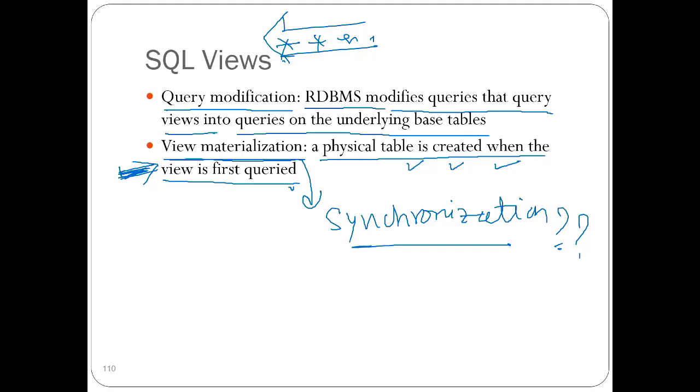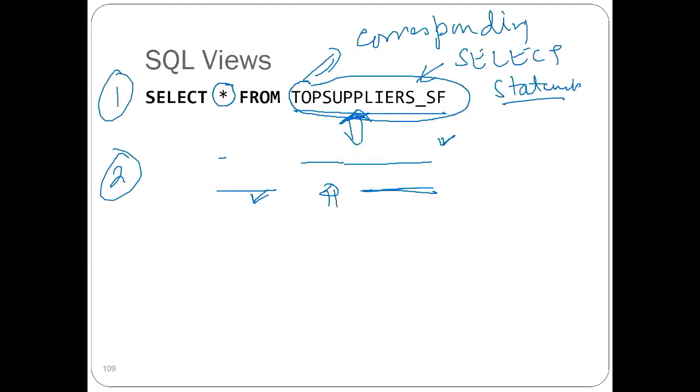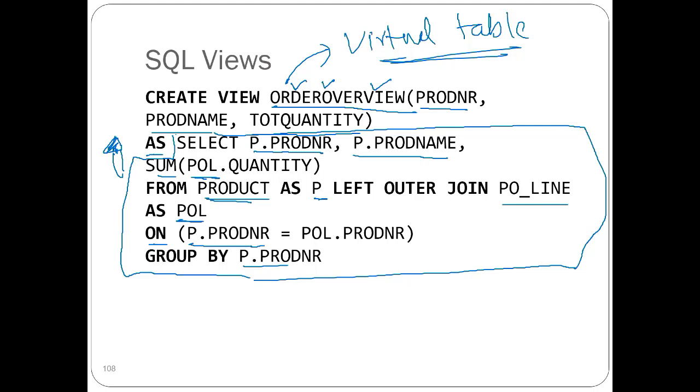What is synchronization? Let's assume the view that we created, maybe I can take you back to that example. This one, order overview. We created this view, and this view is implemented using materialization. In materialization, you create a physical table to store the result of this query.